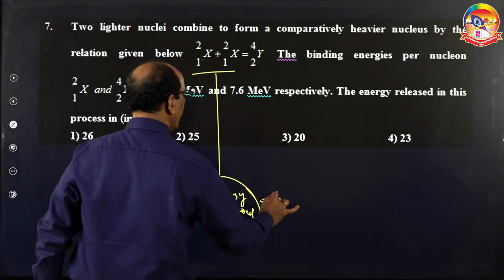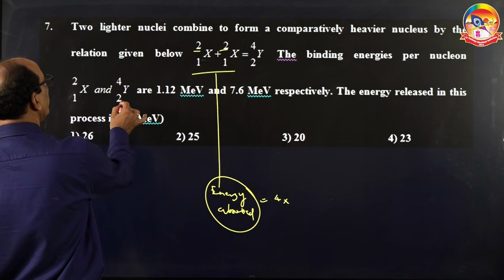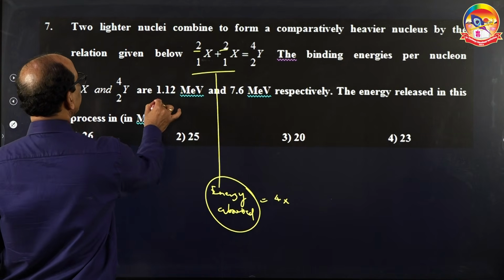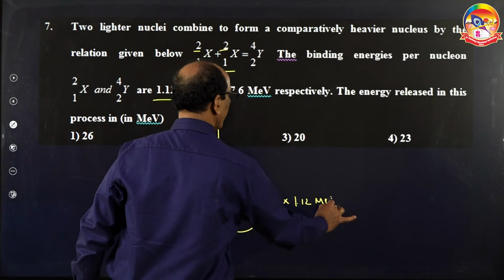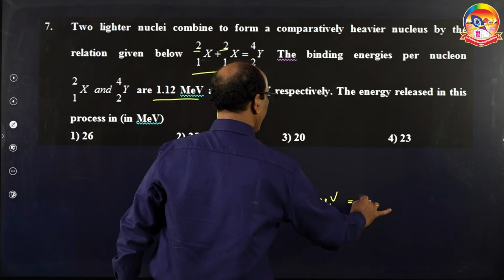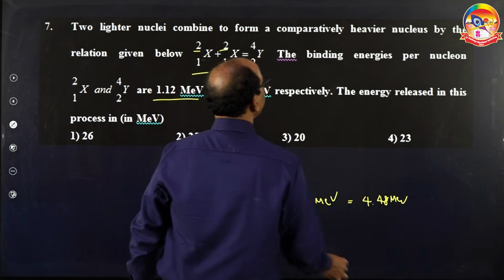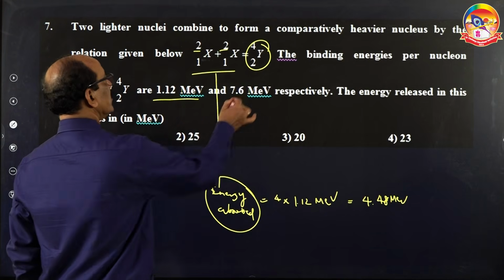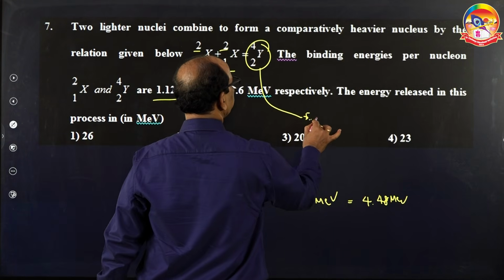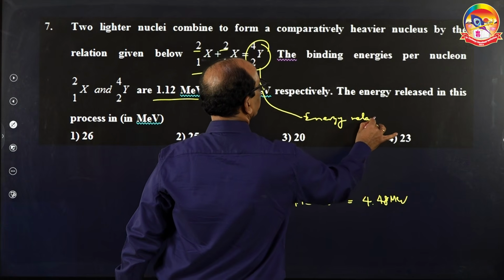That is nothing but 4, because there are 4 nucleons, times binding energy per nucleon 1.12 million electron volt, which happens to be 4.48 million electron volt. In the products, energy is released, which is the total binding energy.